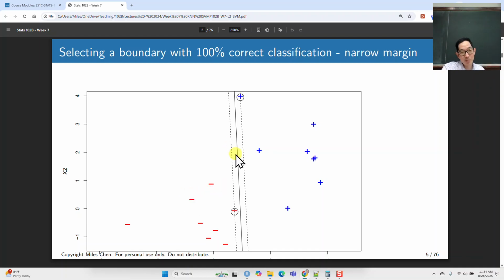This is a correct classification, but the distance from the boundary to the nearest points is pretty small. The boundary is the line down the middle, and then we have what we call parallel hyperplanes, basically just parallel lines, and the width of the railroad track is pretty skinny.